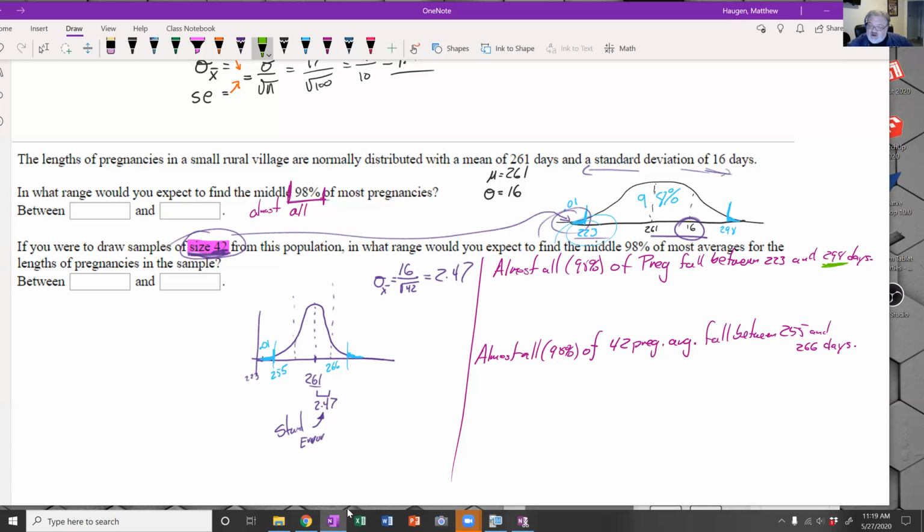But if you were caring for 42 people a year, if you wanted to get enough supplies to handle an extreme year, you wouldn't want to plan on those 298 days. You'd plan on the 266 days.